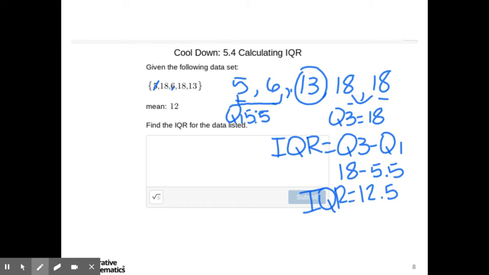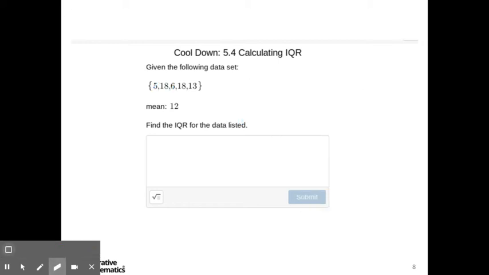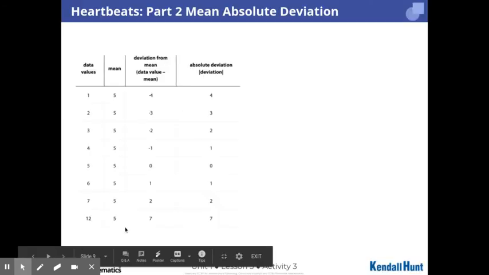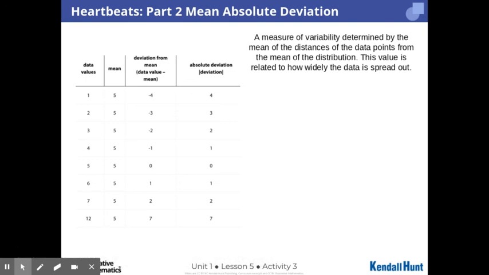Okay. All right, so today we're going to talk about our mean absolute deviation. Mean absolute deviation is another measure of variability and a measure of center determined by the mean of the distances of the data points from the mean of the distribution.